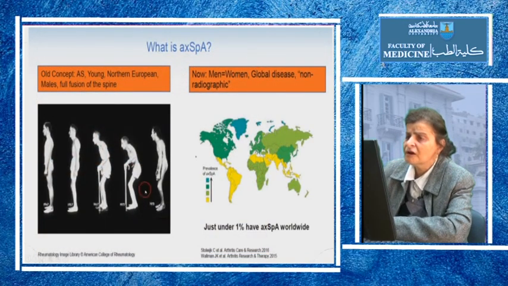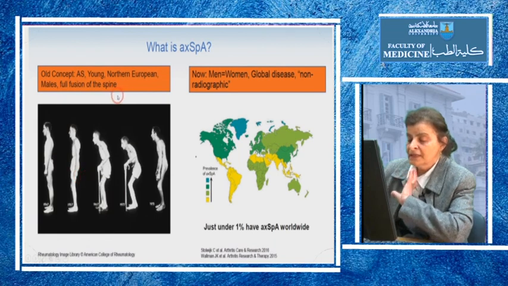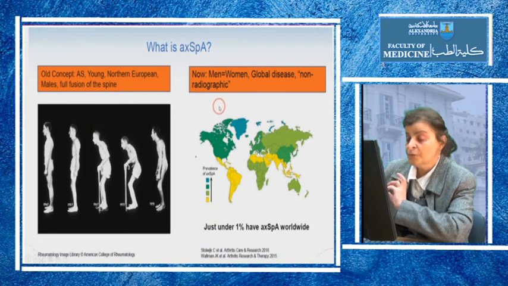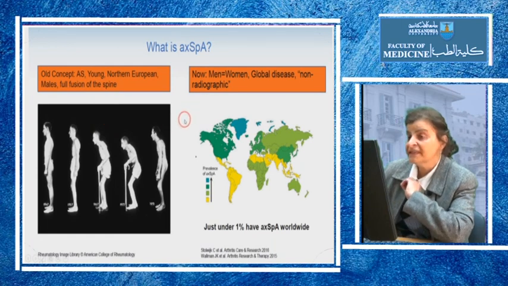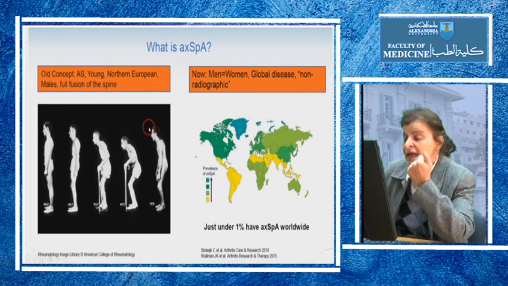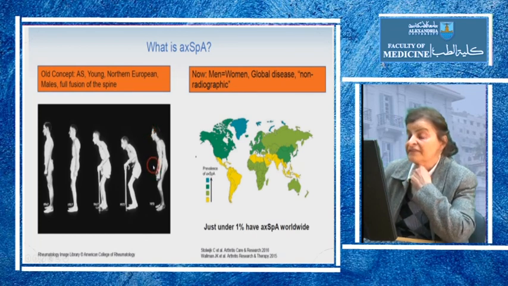So this was the old concept that we had, that it was just one disease, ankylosing spondylitis. We know that it commonly occurs in the young. We used to say it was very common in males, and that it always involved the spine.